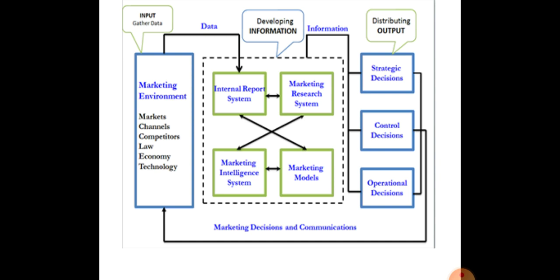The four components are working under the marketing environment, how they are collecting information, collecting data, and how they are processing those data and converting them into information. After that, giving the output, like distributing output. In output we can have different types of decisions. So it's a complete picture of MIS. So MIS works under this configuration.